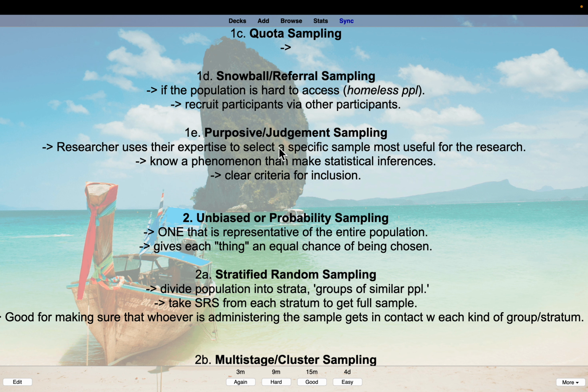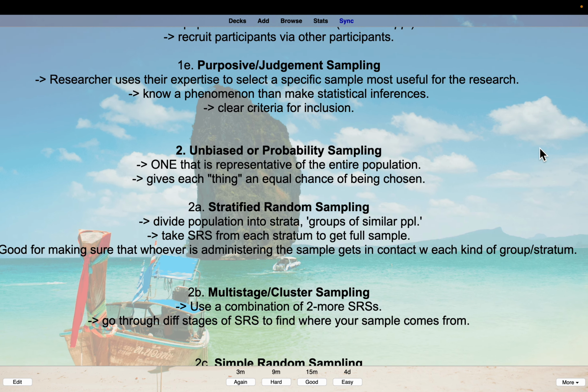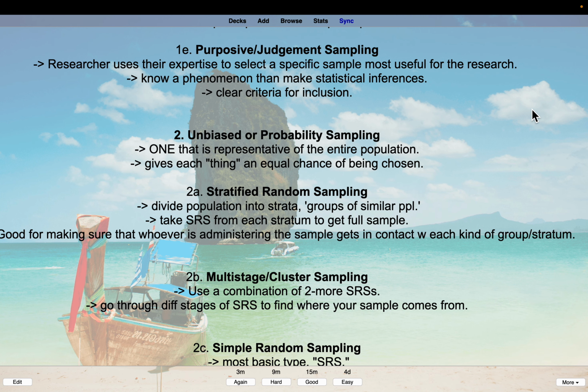So there is a specific criterion for who can participate in your study. I used a specific sample. I selected a specific sample most useful for the research, for identifying what I needed to find out. That is, how healthy are the eyes of workers from those two cities.